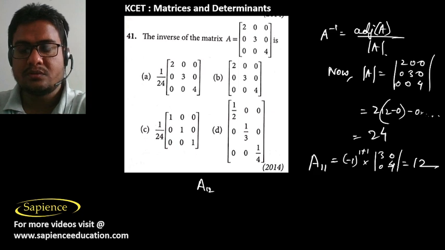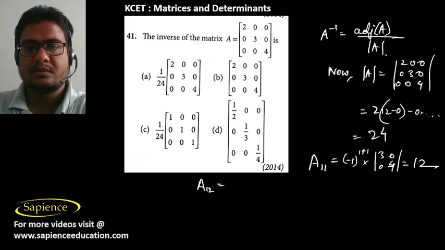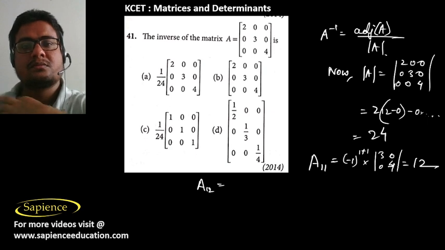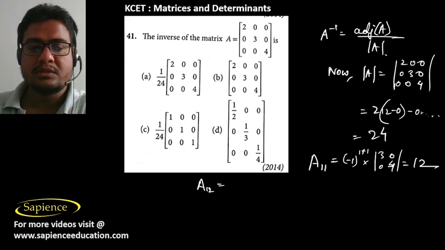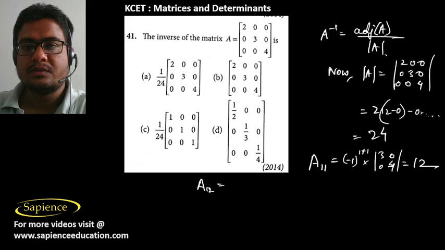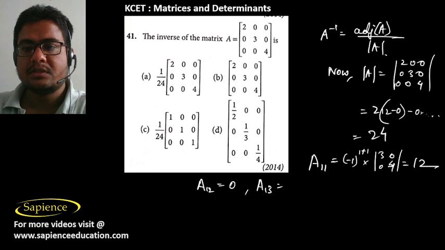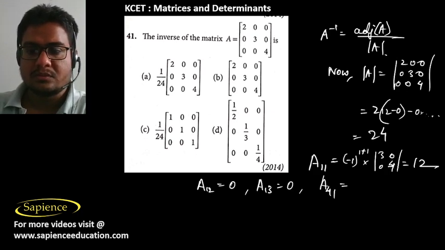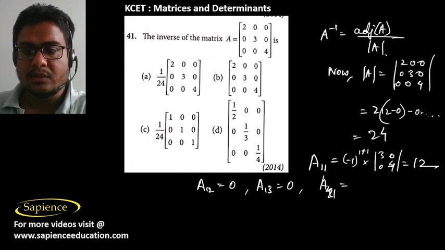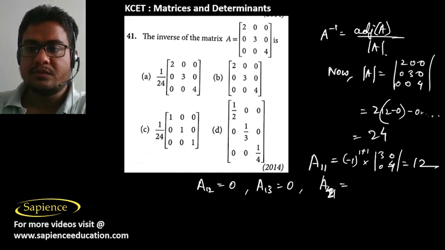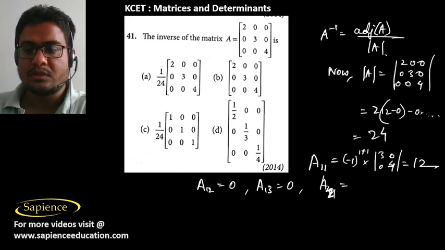Then A12: first row and second column we have to remove, that will become 0 only. And A13: you have to remove the first row and third column. Sorry, it is A21. A21 will be, we have to remove the second row and first column. It will be 0 into 4 minus 0 into something, that will be 0 also.